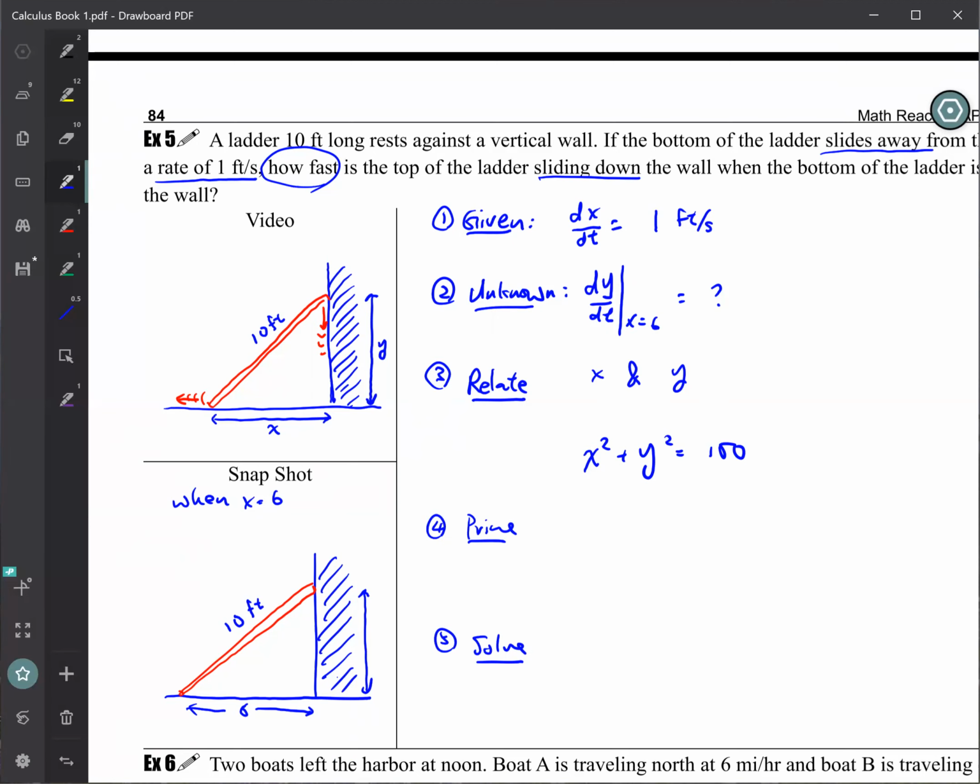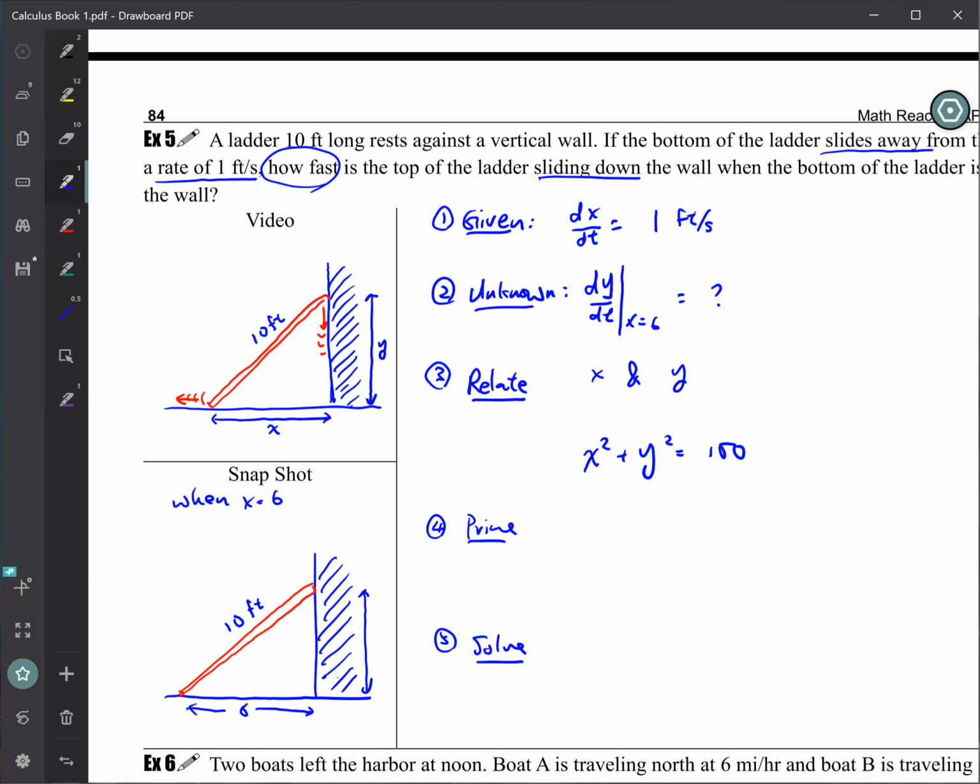Wait, in this case, we have to apply the chain rule for x, right? Yeah, because x and y are both functions of time, and you need the chain rule if they are inside some function. Wait, I have another question.